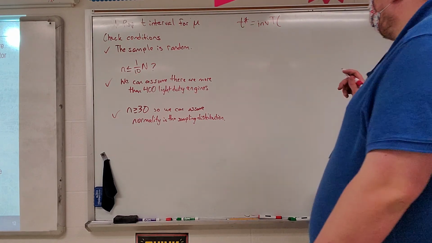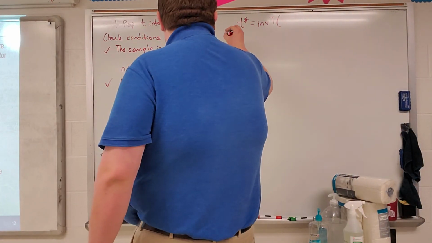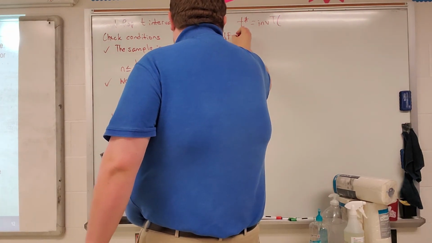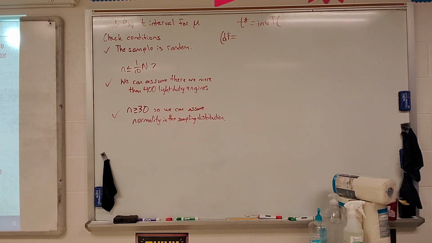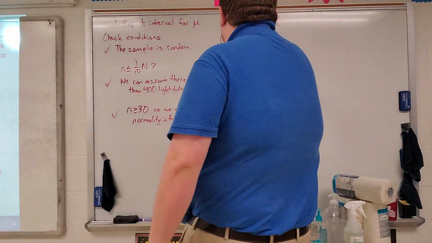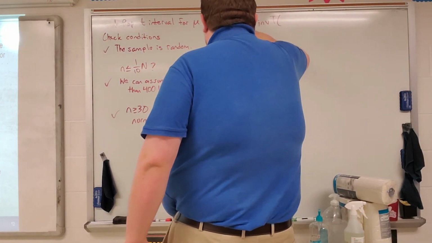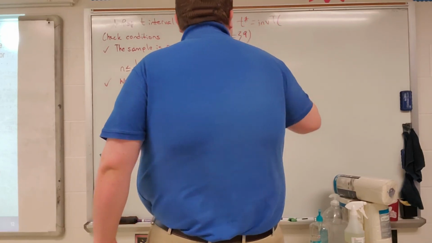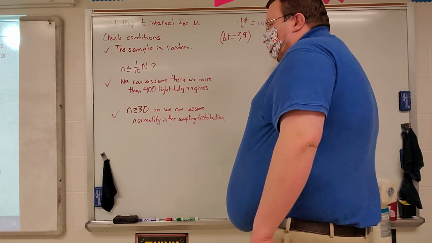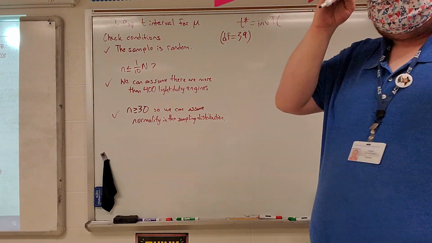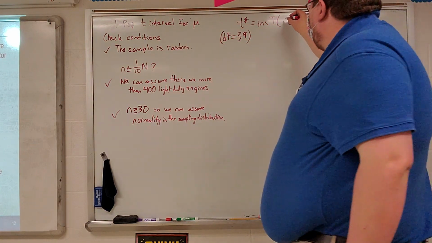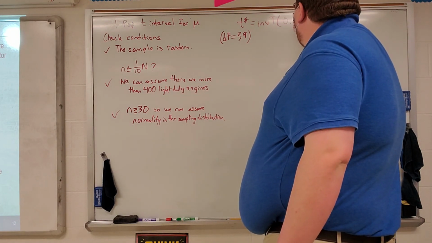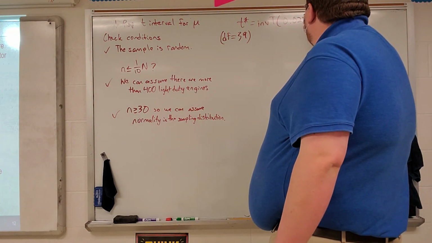What are my degrees of freedom real quick? If our sample size is 40, what's my degrees of freedom? 39, it's one less. So inverse t, if we're doing a 95% interval, our area is 0.025. Degrees of freedom is 39.